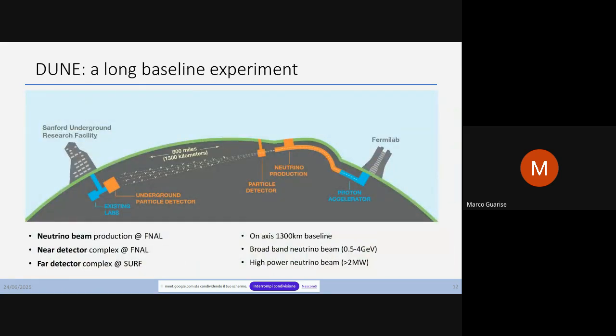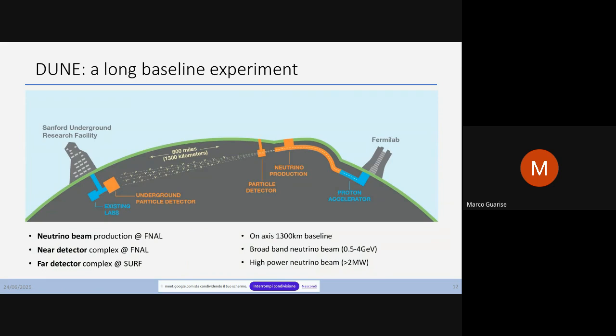So DUNE is a long-baseline neutrino experiment. Long baseline means that the distance from the source here to the far detector is long, 1,300 kilometers.